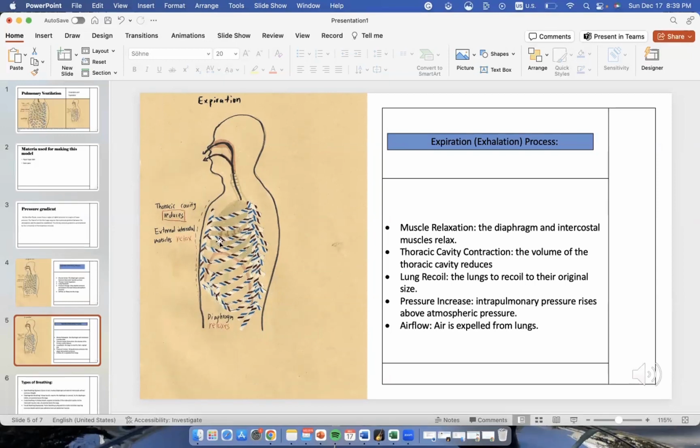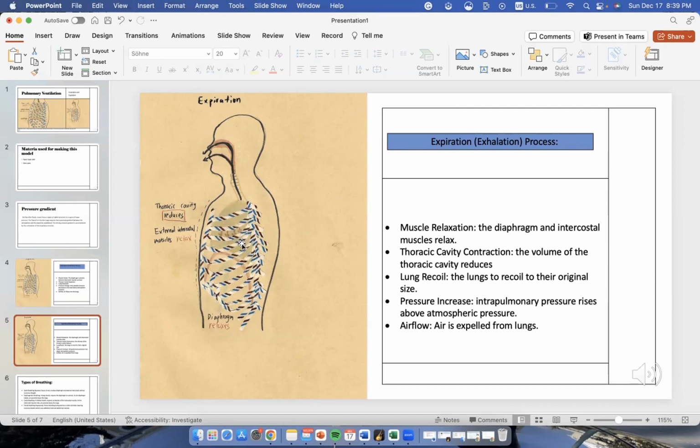So the thoracic cavity contracts too. The volume of the thoracic cavity reduces, and following that, the lungs recoil to the original size.